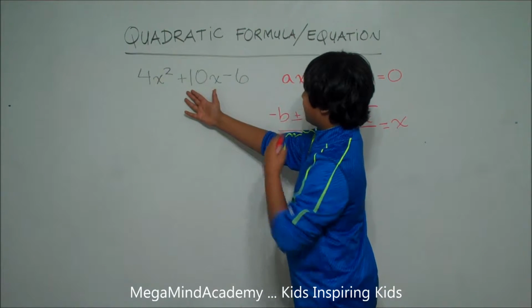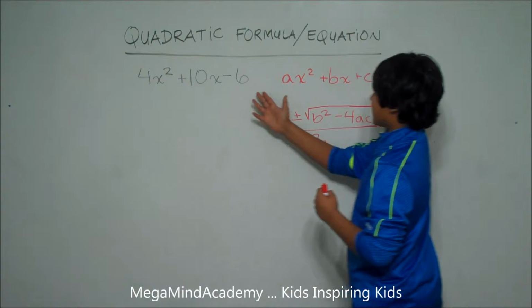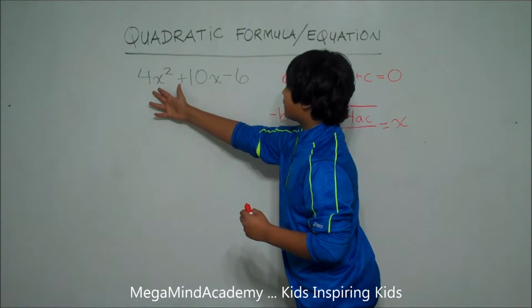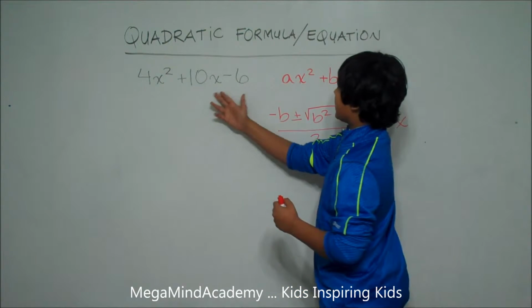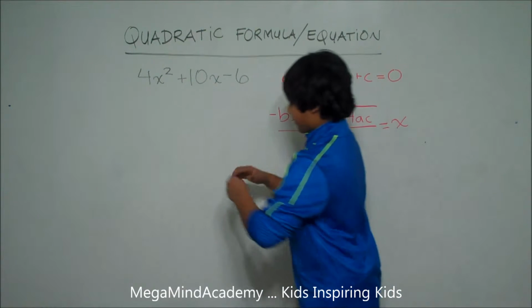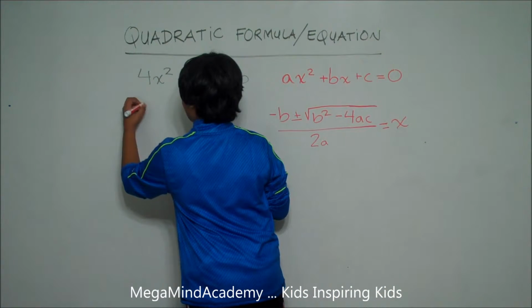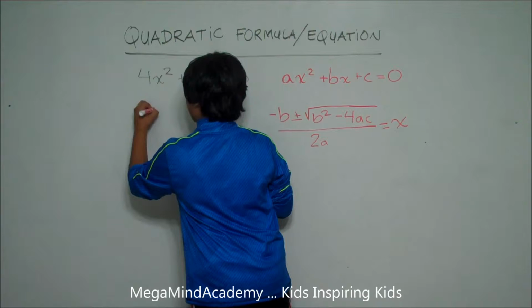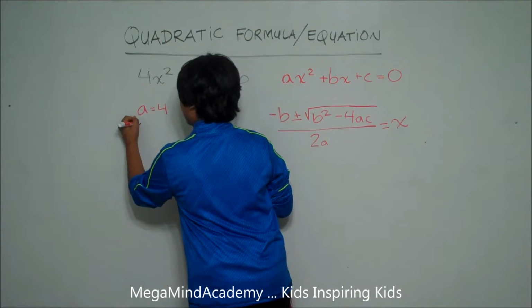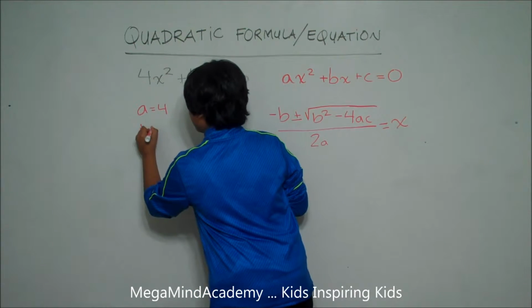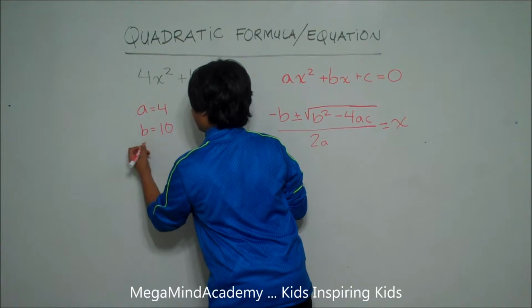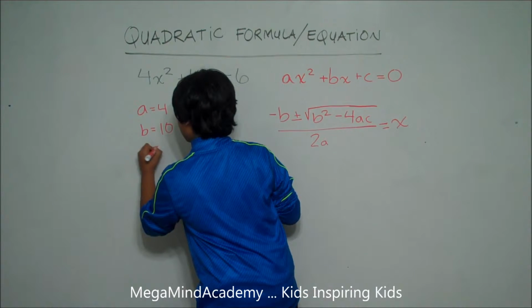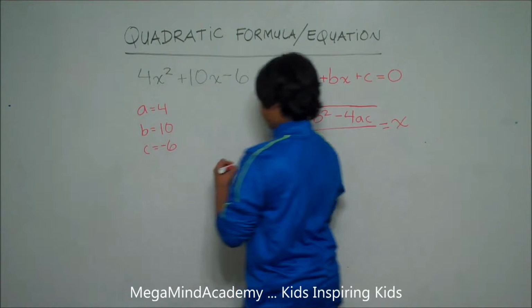4x squared plus 10x minus 6, where a equals 4, b equals 10, and c equals negative 6. So let's write that down. A equals 4, b equals 10, and c equals negative 6.